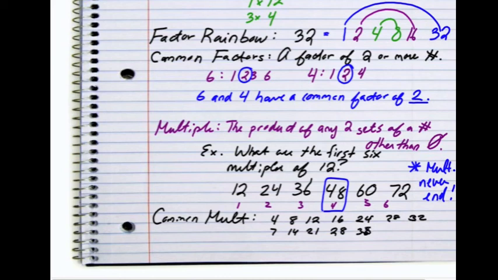And then I would find the one that they have in common. And right here 28 is in common with 28. So the smallest common multiple between 4 and 7 is 28.